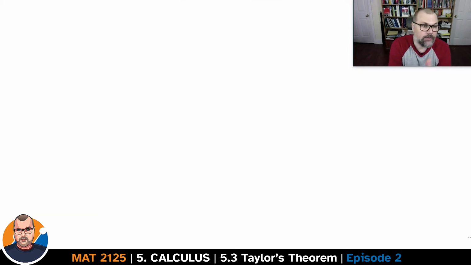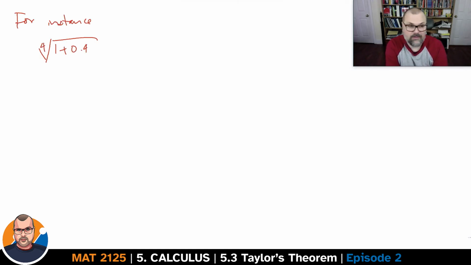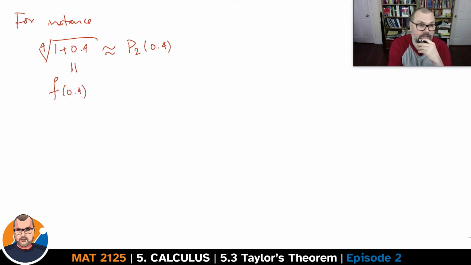Now, you can use this formula to do approximations. You're trying to approximate this value. That's about the same as you do with 0.4. Right? This is exactly f at 0.4, and that's approximately the same as p2 at 0.4.